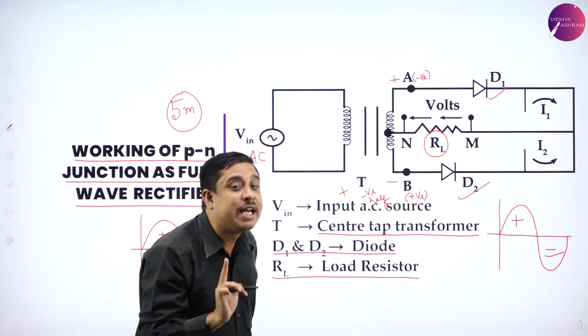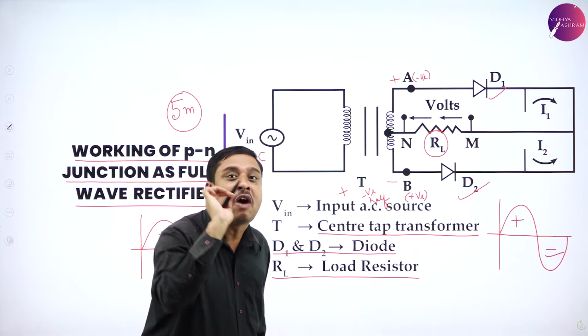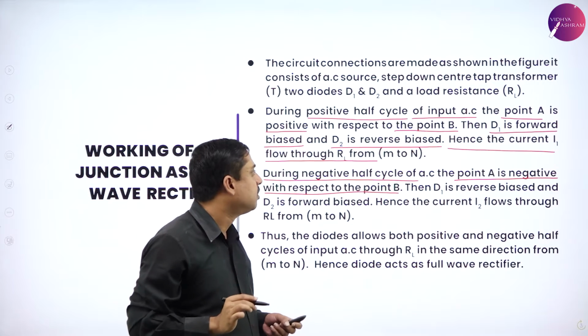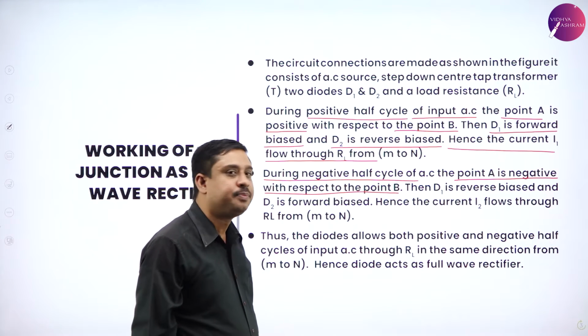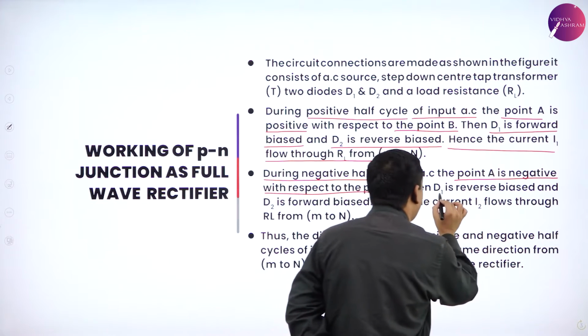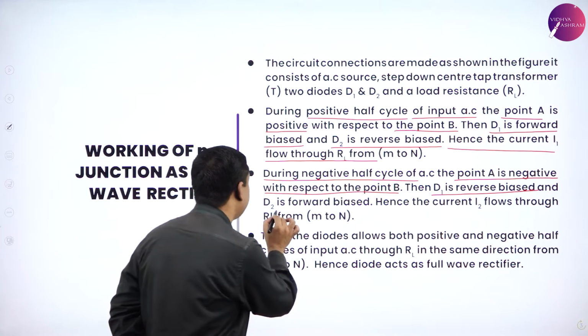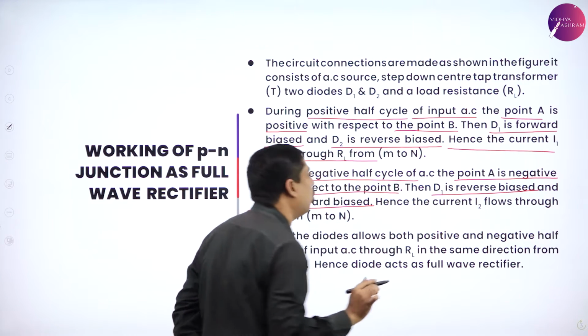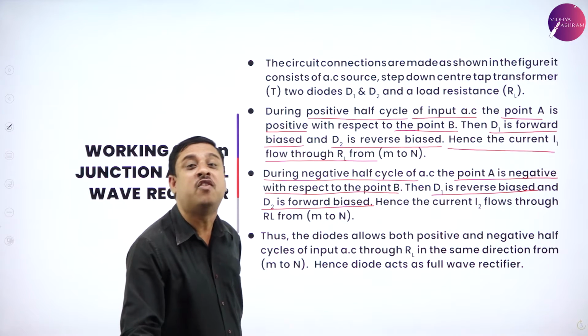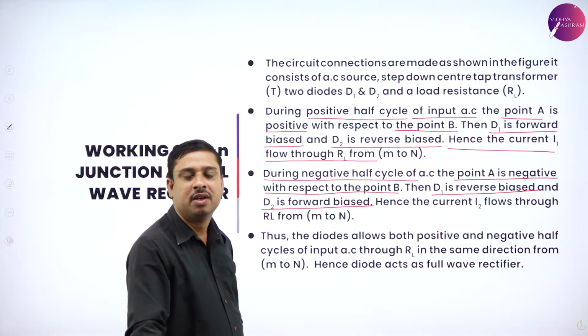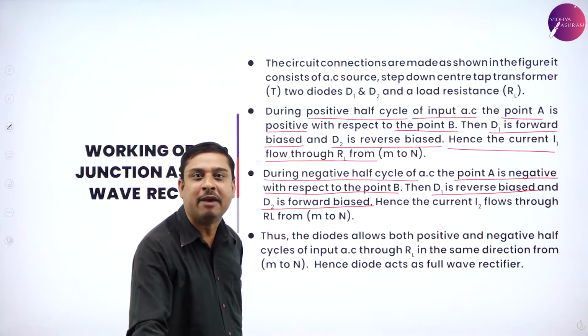This is during the negative half cycle. So the diode D1 is reverse biased and D2 becomes forward biased. Look how beautifully it is working.